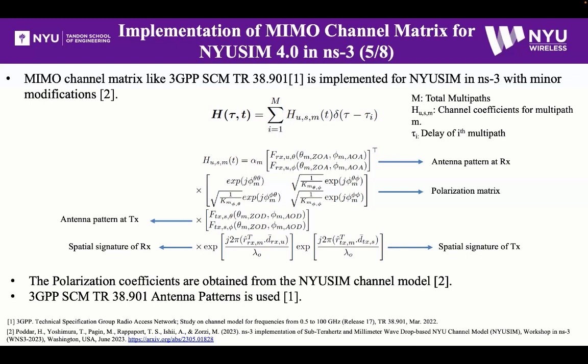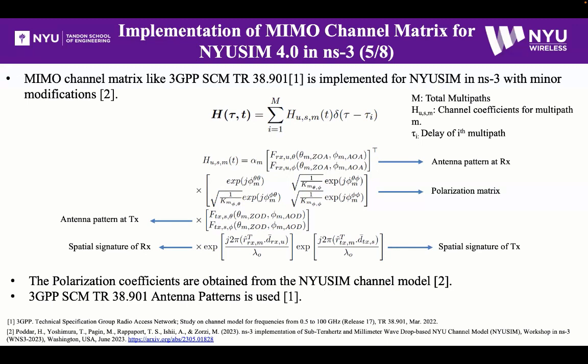And this is because we wanted to keep things and reuse things mostly wherever it is possible to have a one-to-one understanding between 3GPP and the NYU models. The part where we usually differ is how we generate the parameters for the channel, but the channel matrix representation is not something which is different in NYU and 3GPP. Thus, we are using the same channel matrix implementation from 3GPP.